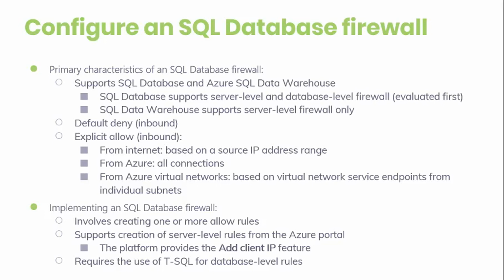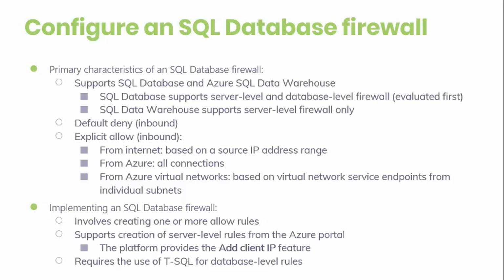This involves specifying an IP address range for the database IP firewall rules that is beyond the IP address range specified in the server-level IP firewall rules, and ensuring that the IP address of the client falls in the range specified in the database-level rules. SQL Data Warehouse only supports server-level IP firewall rules and not database-level IP firewall rules.